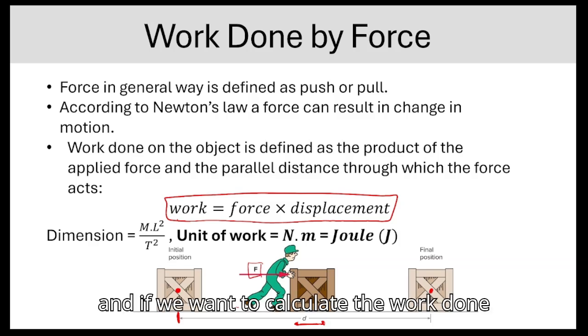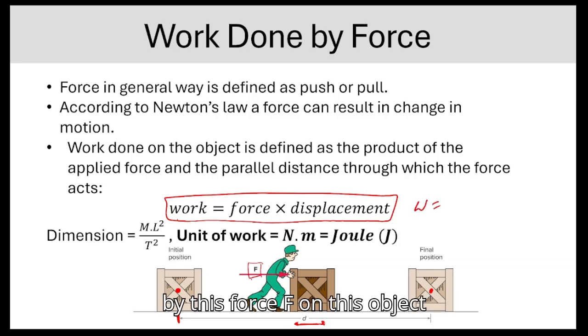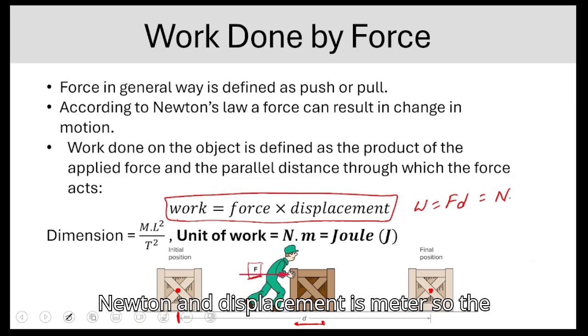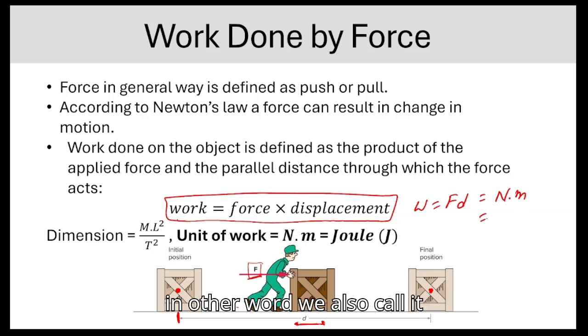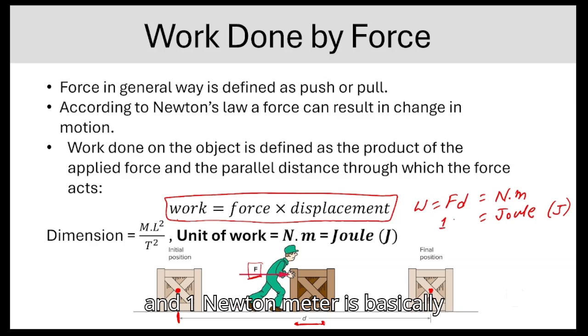If we want to calculate the work done by this force F on this object, the work done is force times displacement. The force is in Newtons and displacement is in meters, so the unit of work done is Newton meter, and in other words we also call it joule, generally written as capital J, and 1 Newton meter is basically 1 joule.